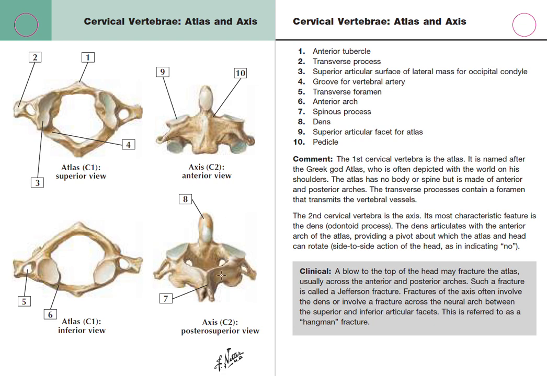Fractures of the axis or C2 often involve the dens, or involve a fracture across the neural arch between the superior and the inferior articular facets. This is called a hangman fracture. Therefore, a Jefferson fracture is a fracture of C1, whereas a hangman fracture is a fracture of C2, also known as the axis.